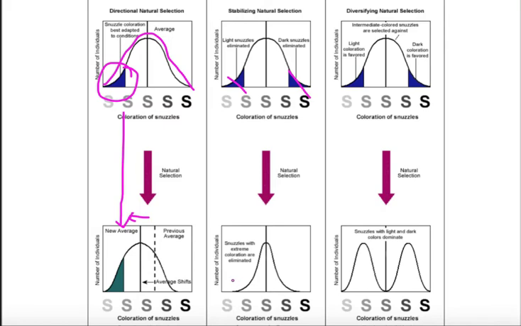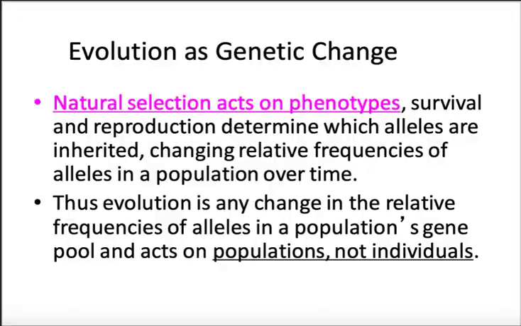In this case, snuzzles on both sides are eliminated, and so the curve loses snuzzles from both sides, and you get more of a middle value. And in this curve, the extremes are better off, right? And so you get more individuals at the extremes and fewer individuals at the center. And so that's three examples of types of selection. We'll define those now.